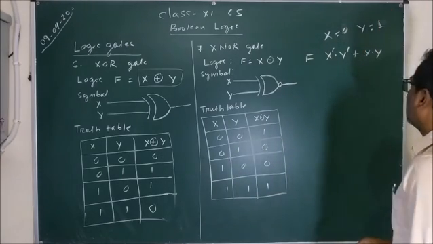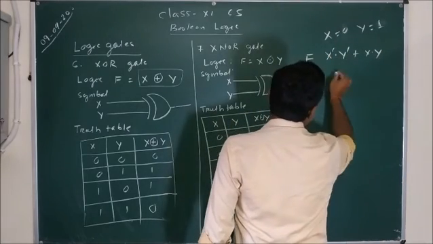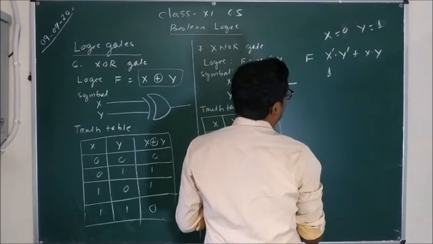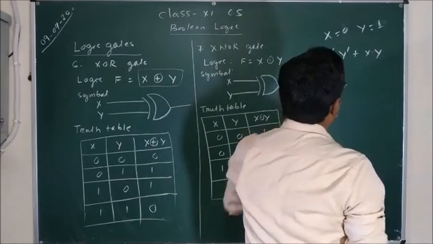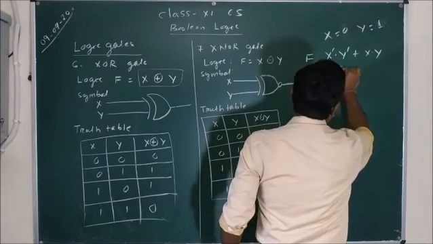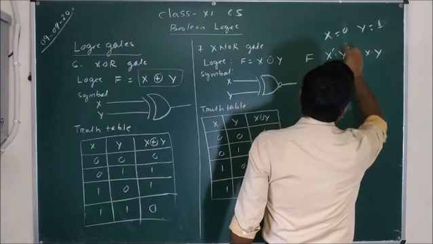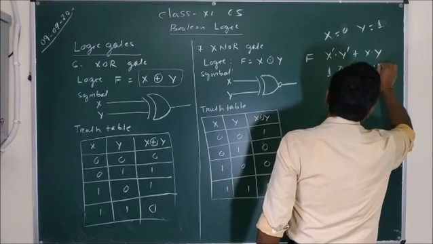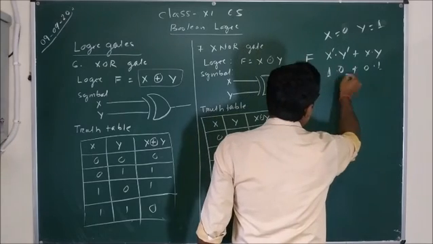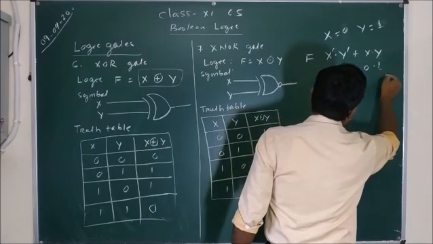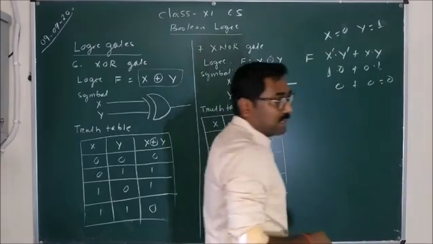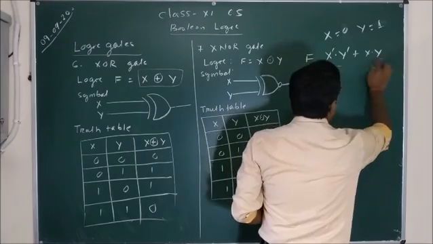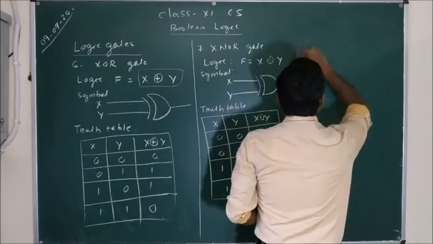Then x dash is equal to 1, y dash is equal to 0, plus x is equal to 0 dot y is equal to 1. So 1 dot 0 is equal to 0, plus 0 dot 1 is equal to 0. So the output is 0. So this is the way you can prove the output of your XNOR gate.